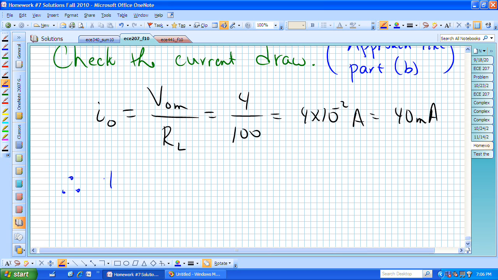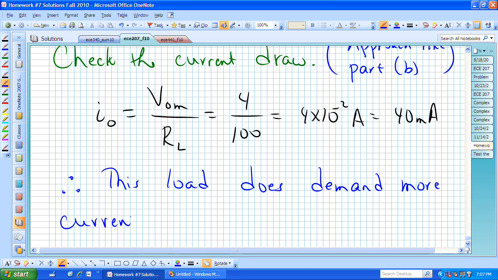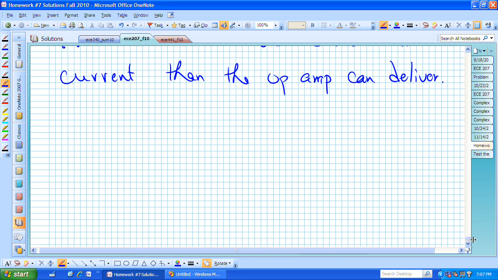Because of that, this load does demand more current than the op-amp is designed to deliver. And this is going to then cause some clipping.